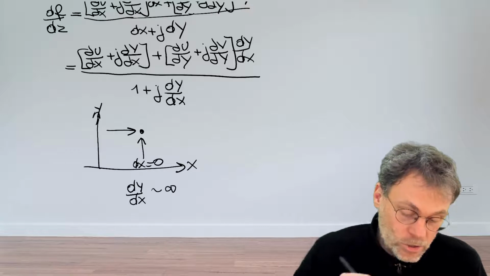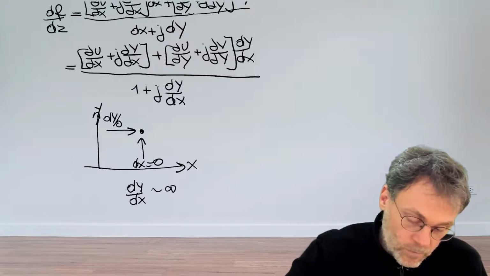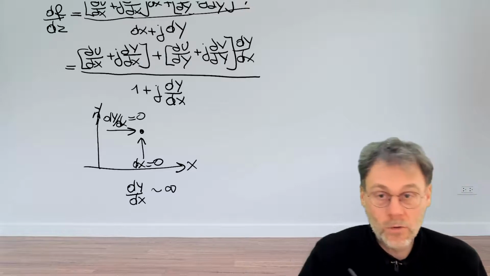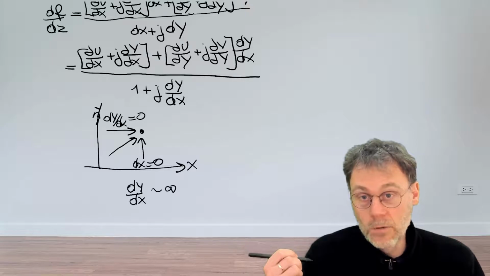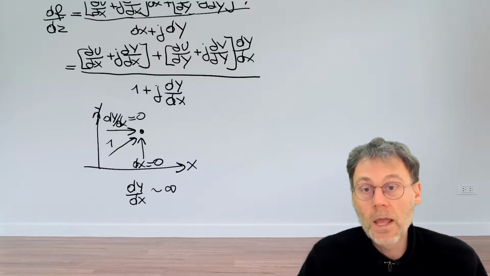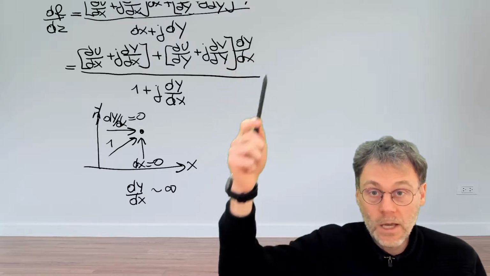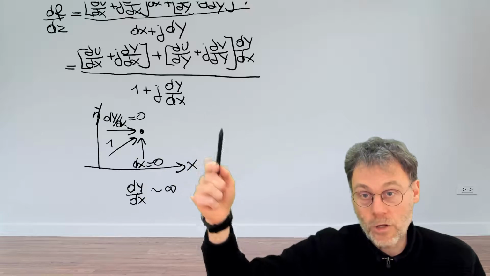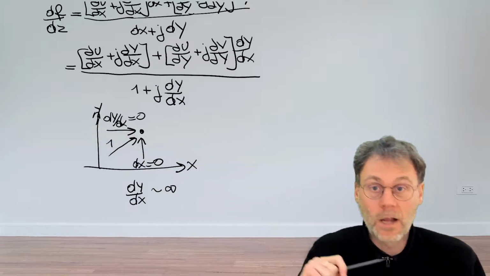In this direction, dy will be equal to 0. So here, dy over dx will be equal to 0. If we approach along the diagonal, then dy will be equal to dx. So in that case, the ratio dy over dx is 1. In any case, the important message here is that it's indeed dy over dx that encodes the direction of approach. So a different value of dy over dx corresponds to a different angle here.